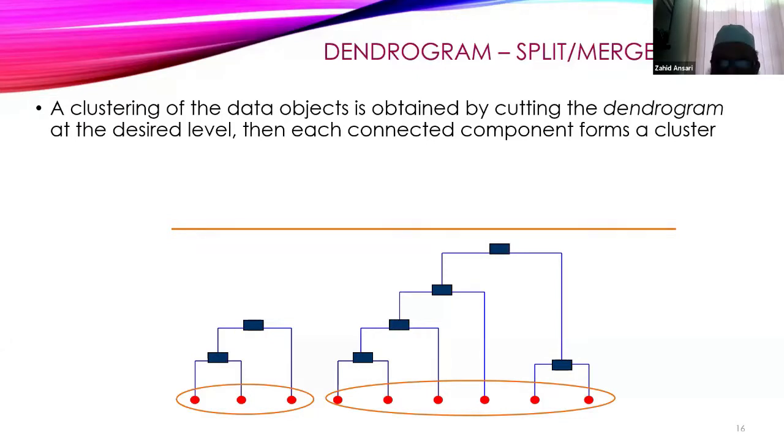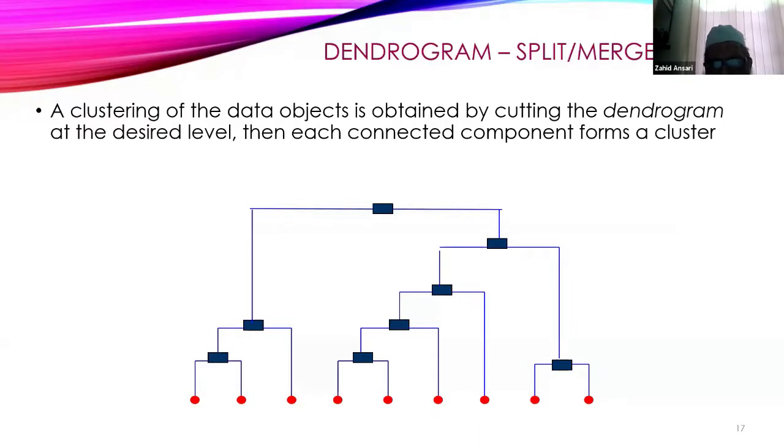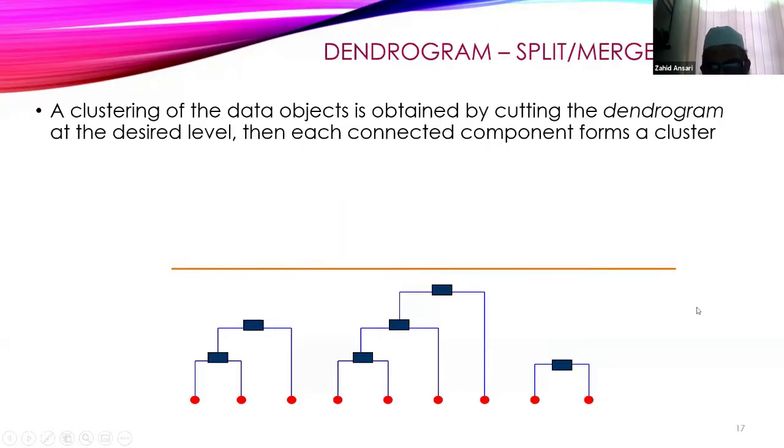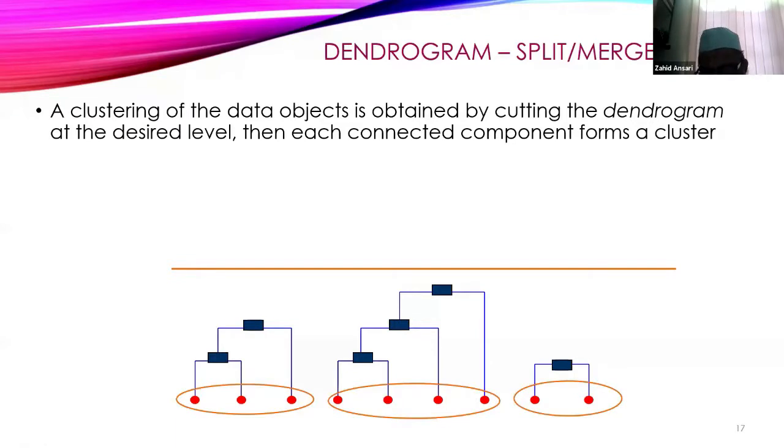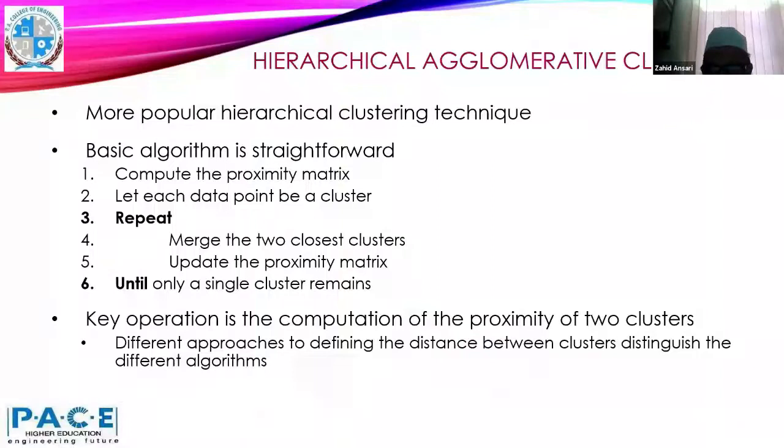Now let's say we cut it at this level. Earlier we cut it at that level, now we are cutting it at this level. So the dendrogram got cut at three places: one cut is here, another cut is here, one cut is here. So we are getting three clusters over here. See, these are the clusters. Are you getting it? So dendrograms are used for the splitting. If we go the opposite way, we will be merging them.